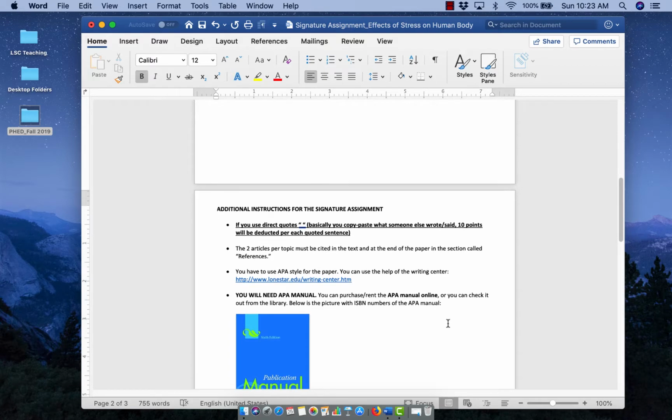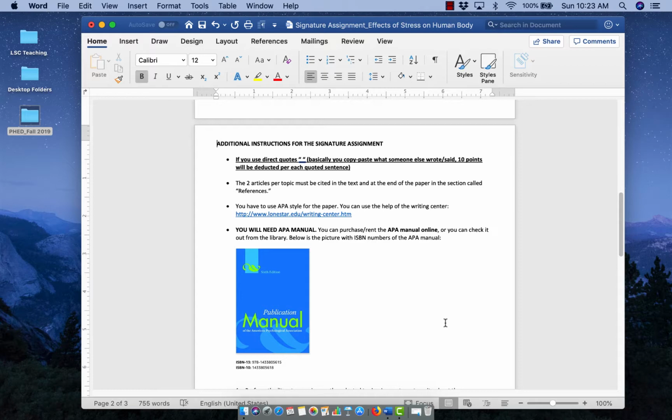For this paper, you're going to format in APA style. For that, you can use the help of the Writing Center. However, when you go to the Writing Center, you don't go expecting them to do the work for you.